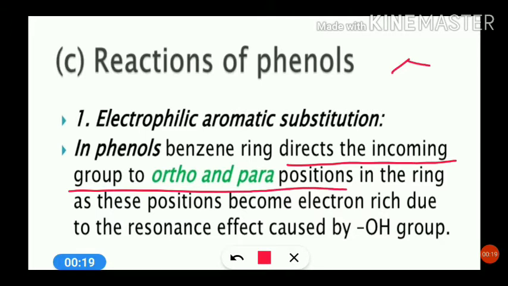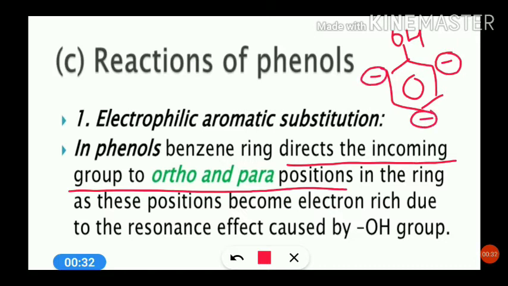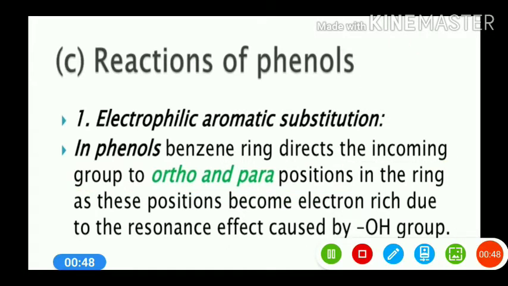Means, as you know very well, if the benzene ring is there and OH, when you see the resonating structure, negative charge is coming at ortho and para positions, right? So the incoming group, whatever group is coming, will come at ortho and para position. It means it directs the incoming group to ortho and para position. Let's see how the reaction will go.